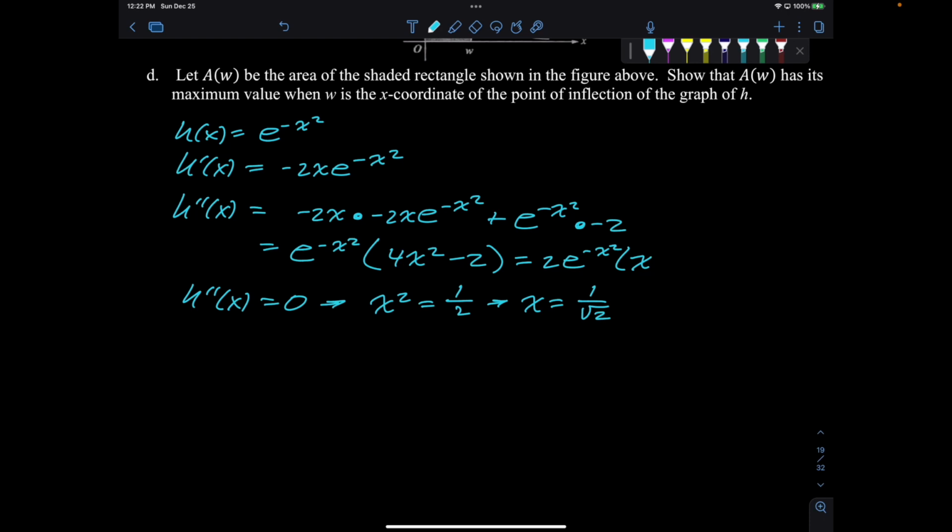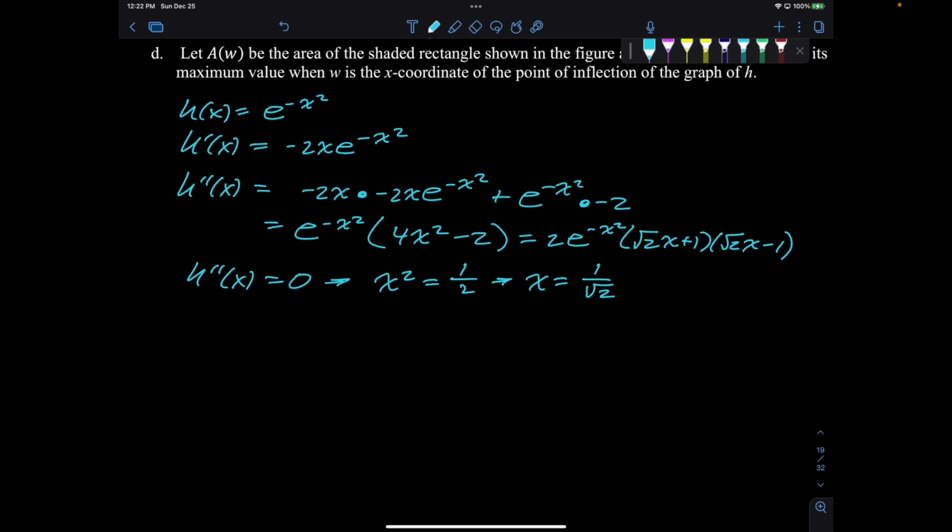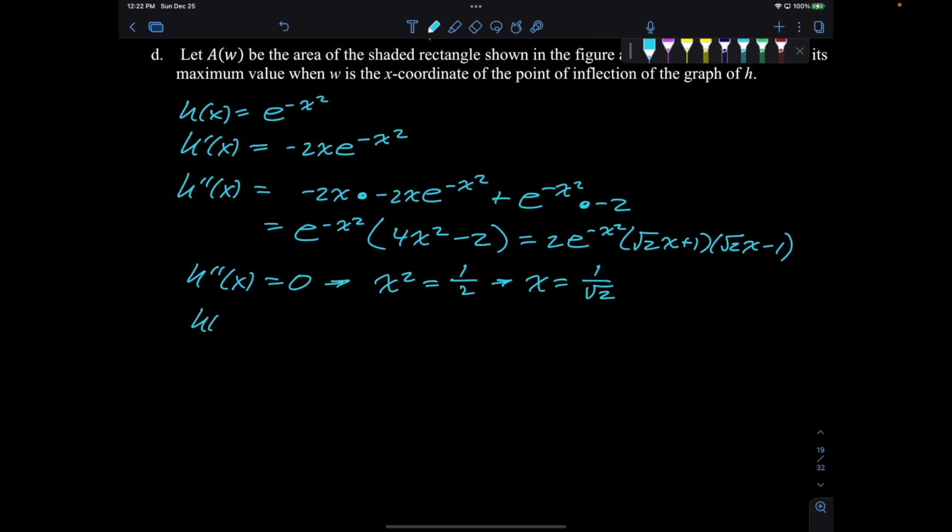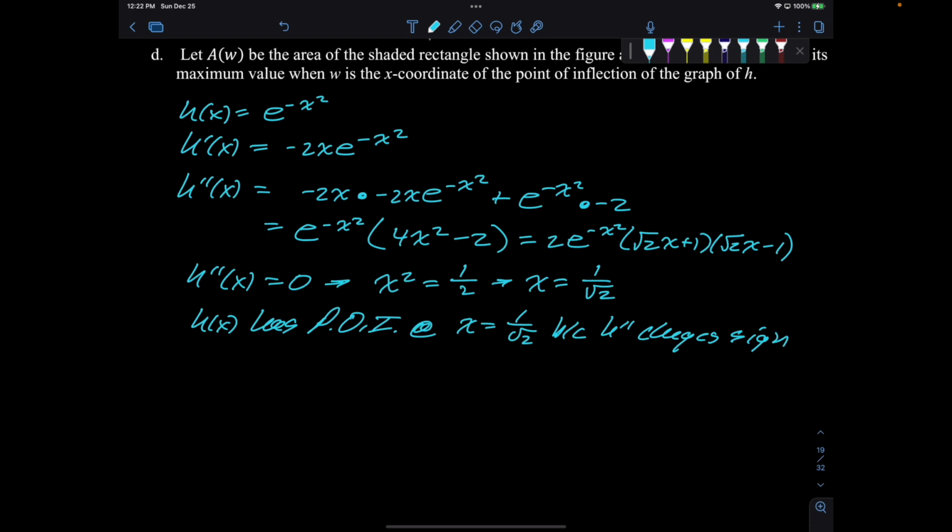Do I factor that as root 2x plus 1, root 2x minus 1? I guess I do. So I'm just going to say that h of x has a POI at x equals 1 over root 2, and my reason is because h double prime changes sign there. Okay, so this is my point of inflection.